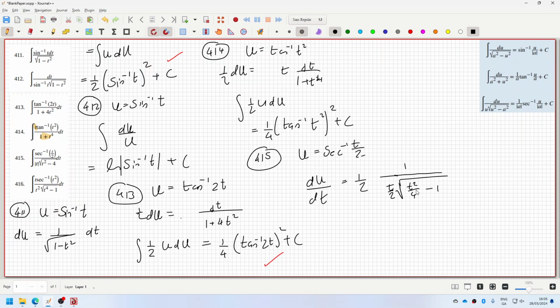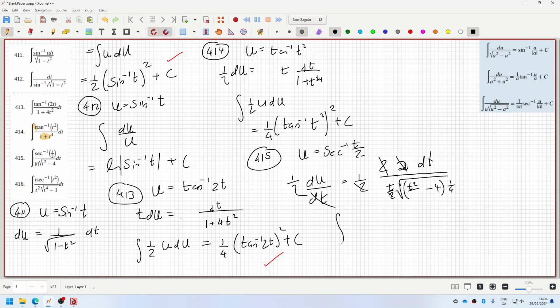So inside here I can factor out a quarter. And then root a quarter is a half, so the 2 comes up here. And the 2's cancel, and bring the dt up.